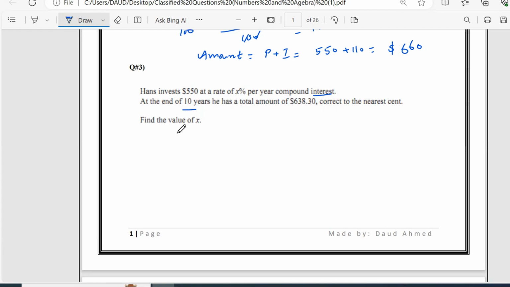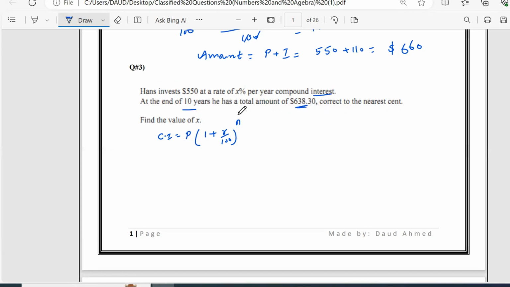So find x. For compound interest, we have the formula P(1 + R/100) to the power n, where n represents the number of years, R is the rate, and P is the principal amount.